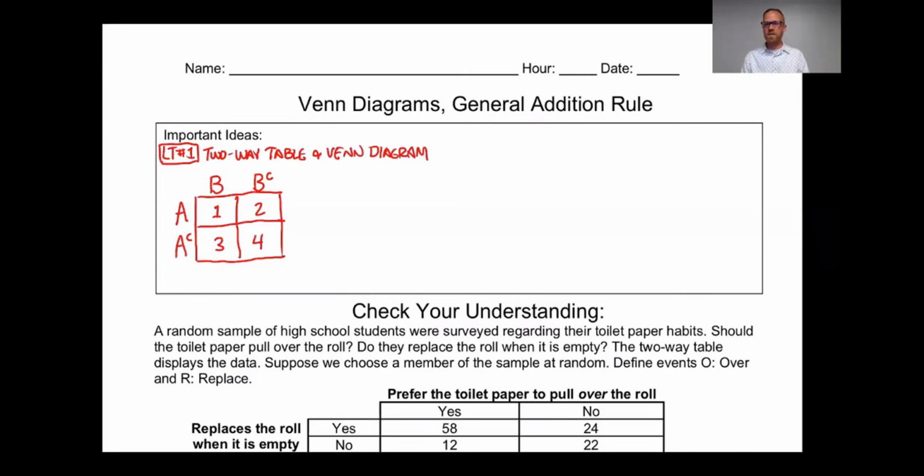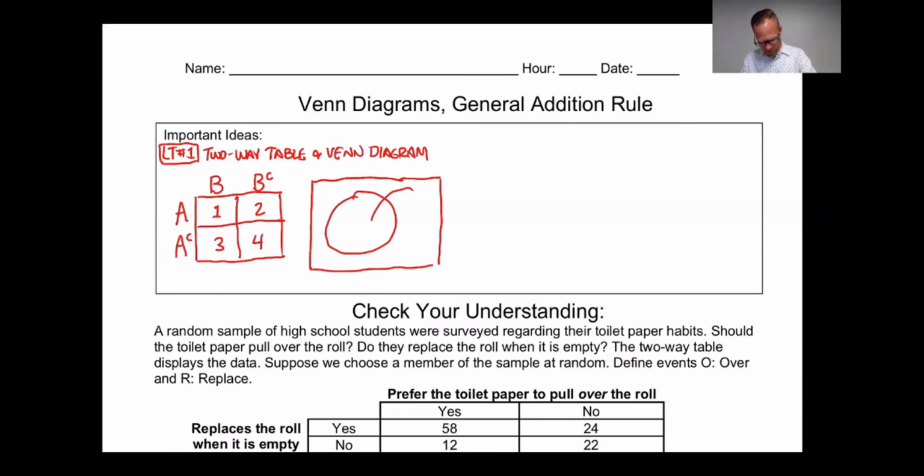And let's see if we could identify where those would show up in the Venn diagram. So let me go ahead and draw a Venn diagram. We have 2 events, event A and B, that are overlapping. So let's call that event A and this event B. And so number 1 would be the overlap of the 2. That's the center football section there.